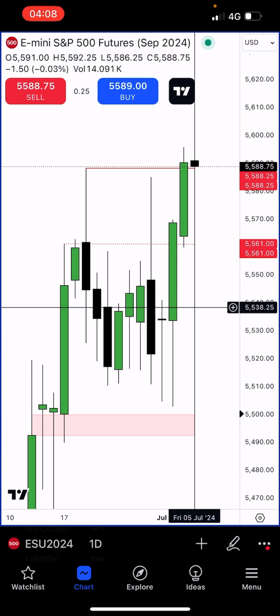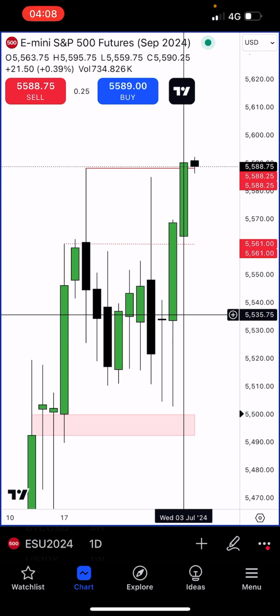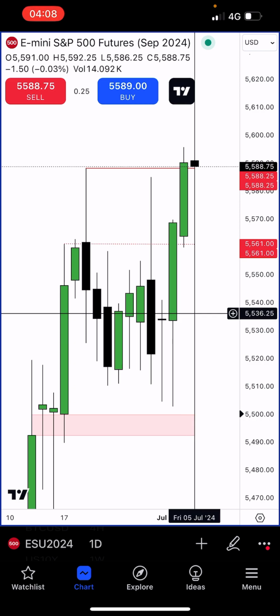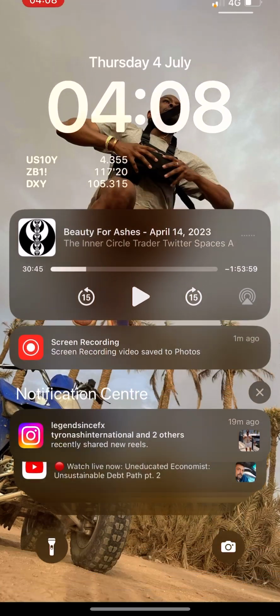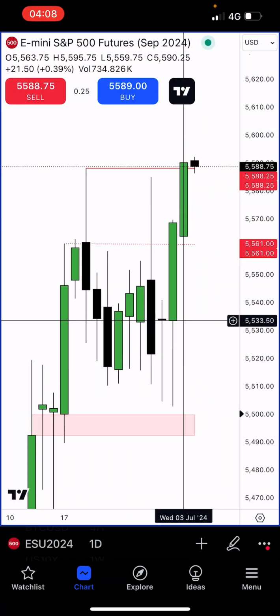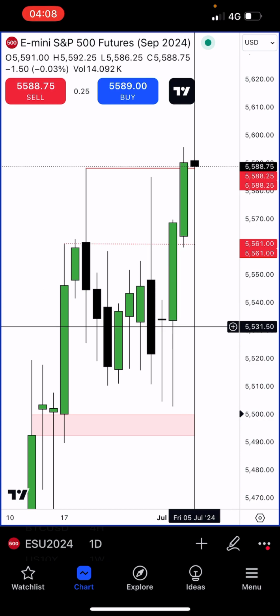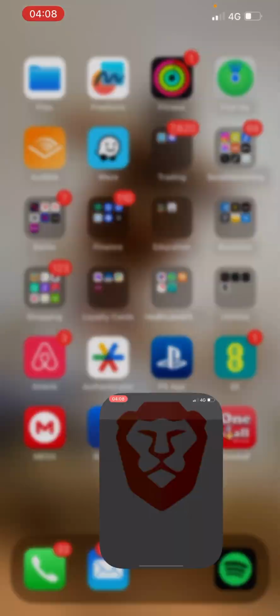Today, this is Friday's price action. So what has happened, right, is today's what? Thursday, right? Wednesday, Friday. Looks like there's no trading today. So what we're going to do is quickly have a look on Forex Factory.